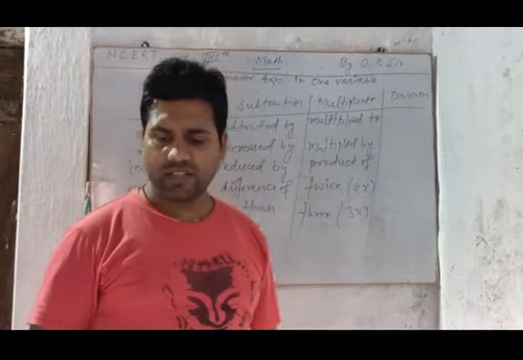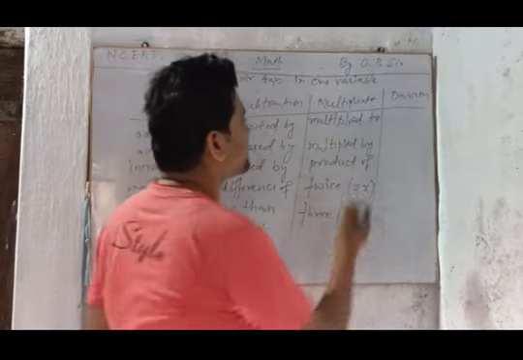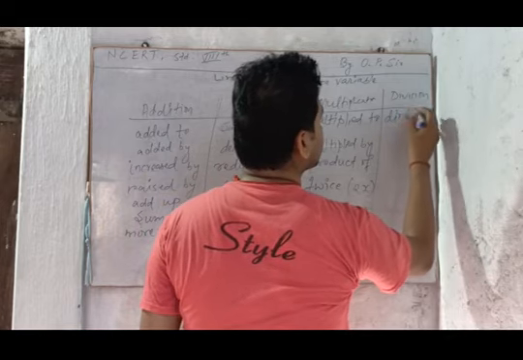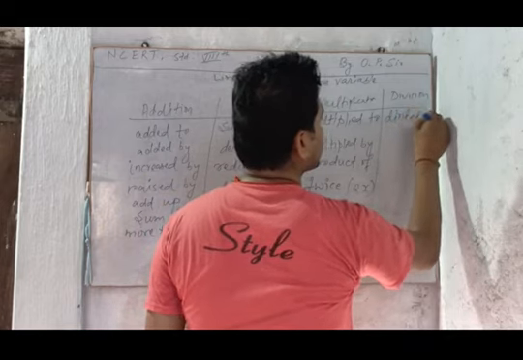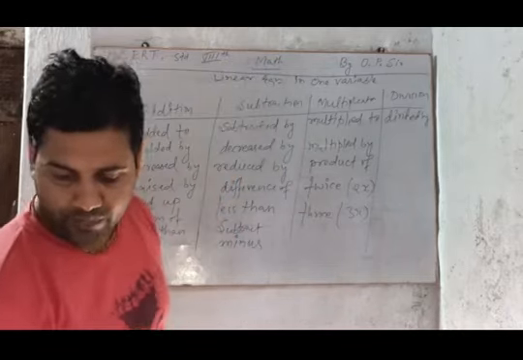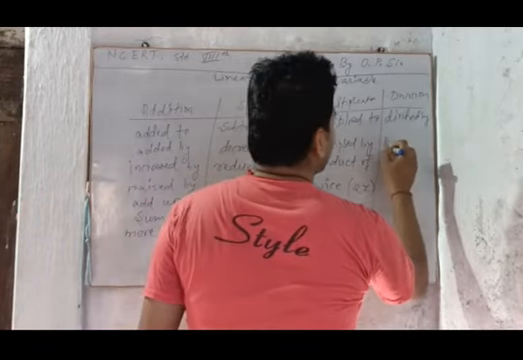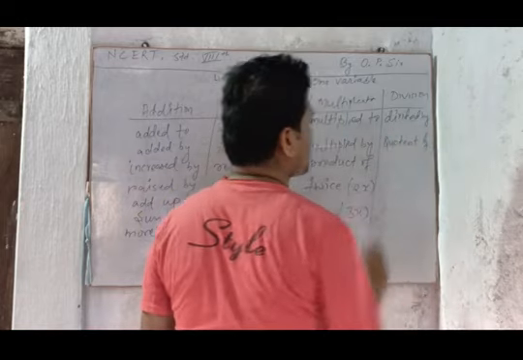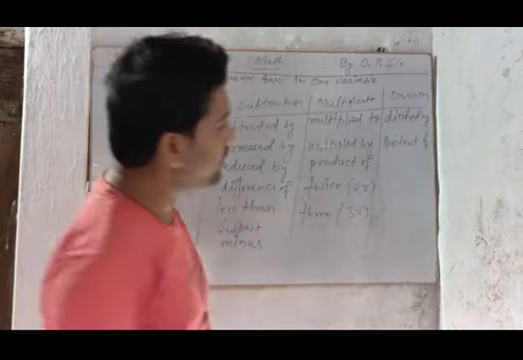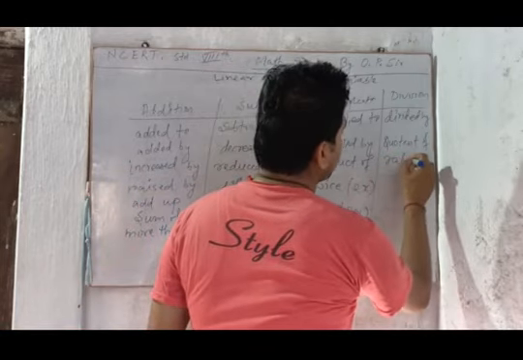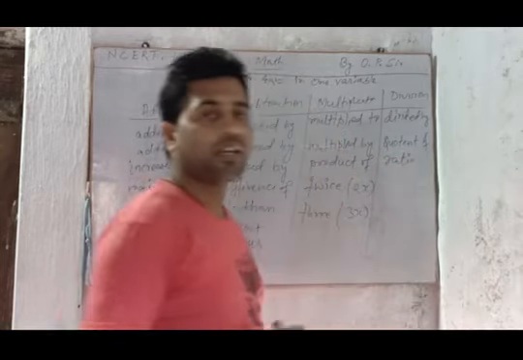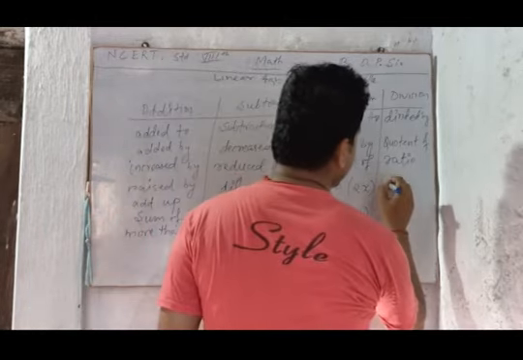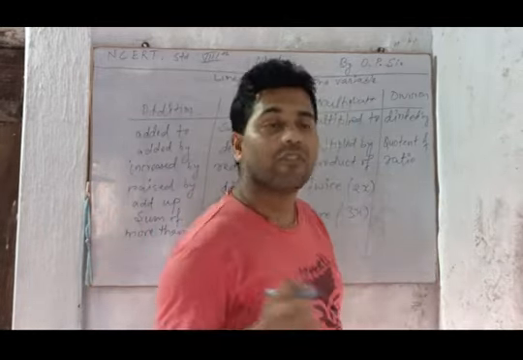Coming to the division part, dear students, in division we will use divided by. Next will come quotient of. Then it may come ratio. Then the next will be half of a number.